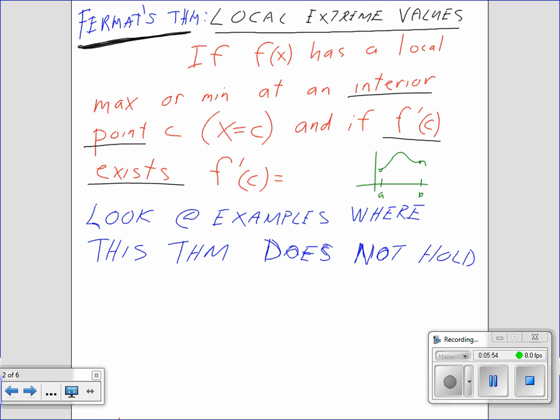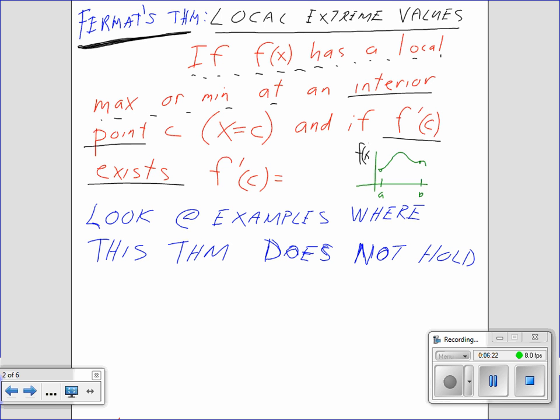What's an extreme? An extreme is a minimum or a maximum in the function. It says, if f of x has a local max or min at an interior point, and I circle that here, C, C is an interior point, and if f prime of c exists, what do you think it's equal to? So here's my little picture of a graph.